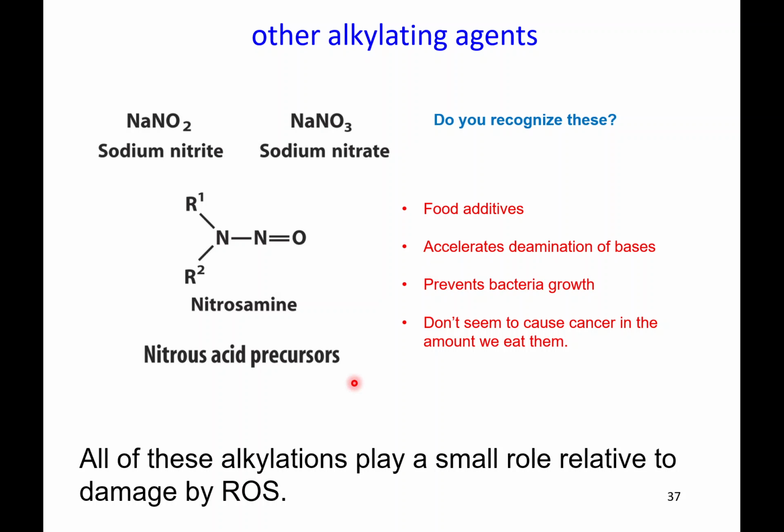These are bad because they accelerate the deamination of bases. And that's one way that you can induce mutations, by deamination of bases. Okay, they're used as preservatives because they prevent bacteria growth.